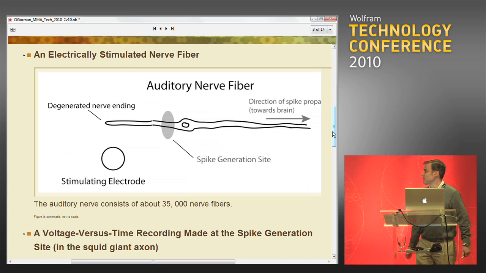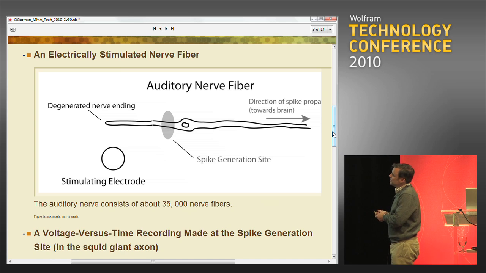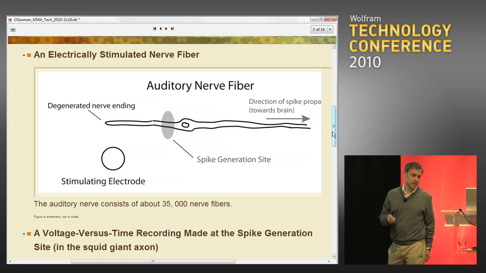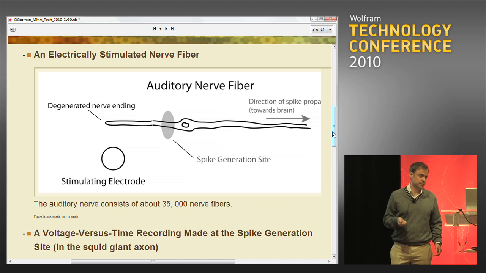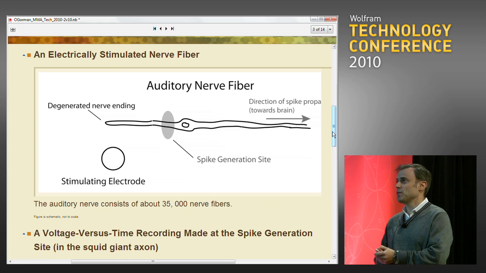This is a diagram of the situation. This is one of the thousands of auditory nerve fibers, and normally this would be connected to a sensory cell, but in cases of deafness, those sensory cells are typically dead and the nerve ending degenerates.